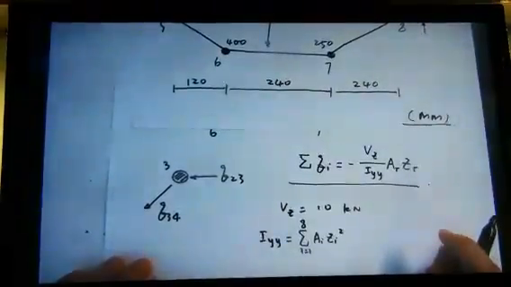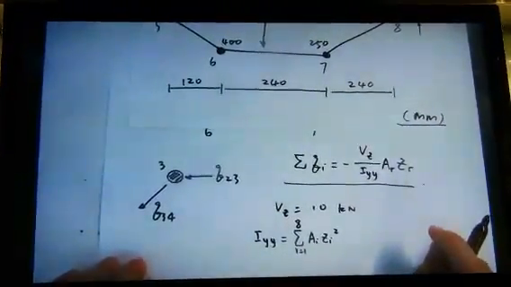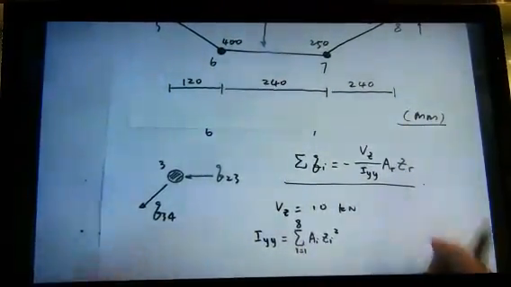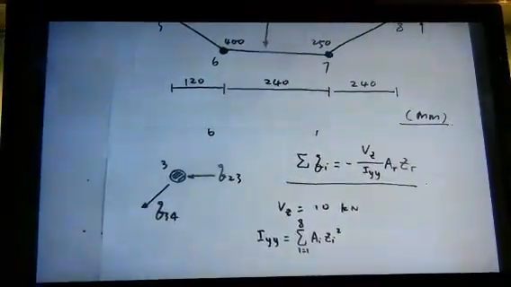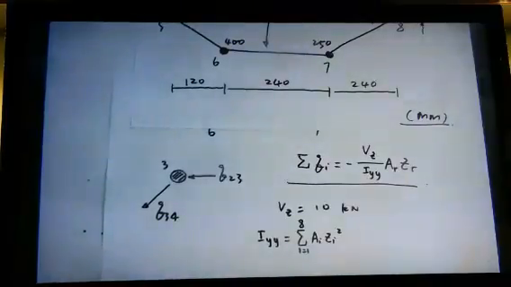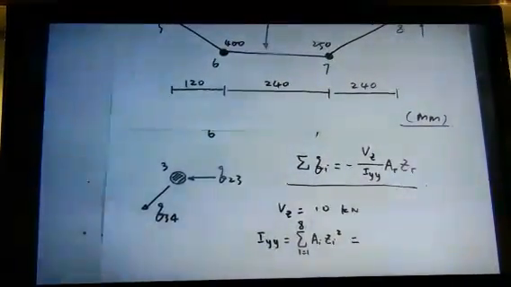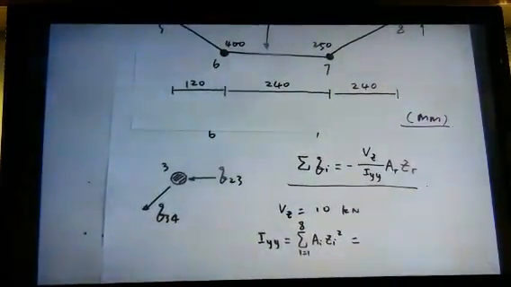There are 8 boom areas. Each boom area has a different area value, and each has a different coordinate along the z direction. Put them together and you get Iyy. You take the area of the object you're using, so if it's a triangle, you have to put in a triangular area.